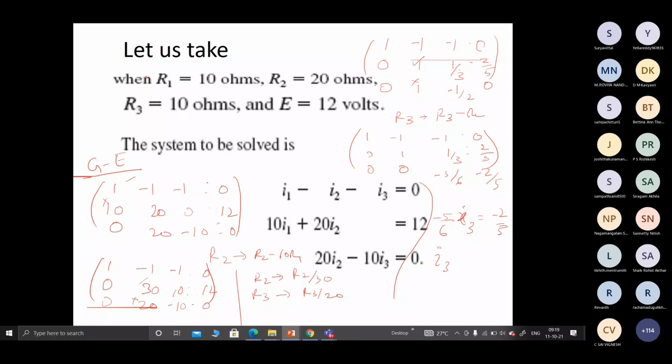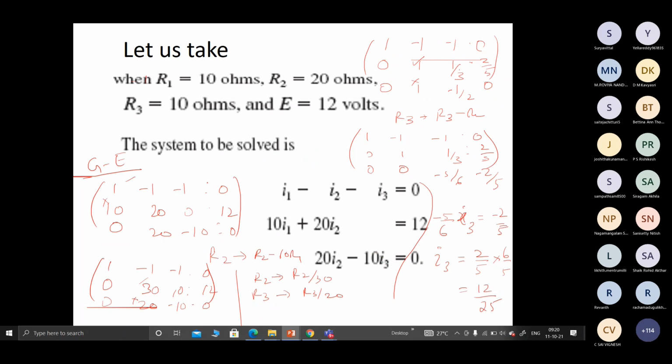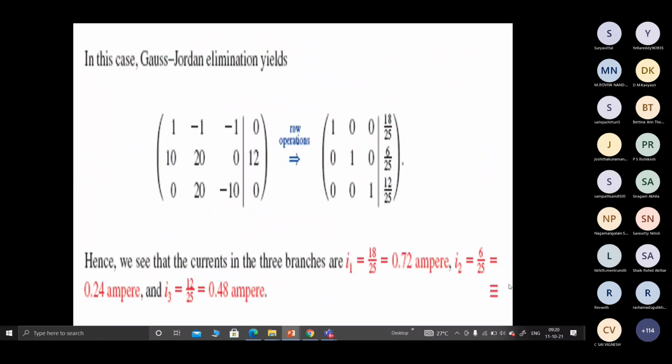I3 will be, minus gets cancelled, 2 by 5 into 6 by 5, 12 by 25. So that's your solution. Once you get 12 by 25, you substitute in the previous equations, you will get the other values.